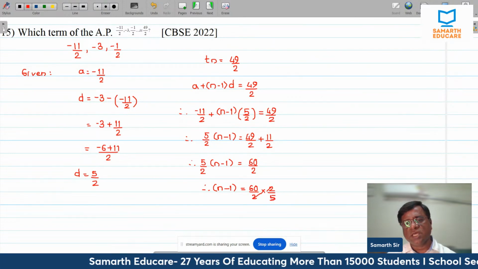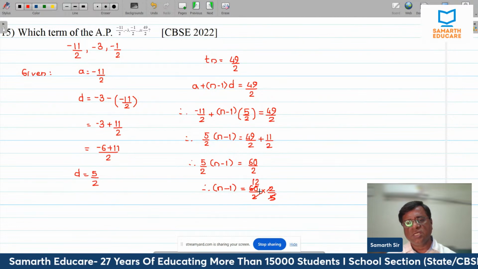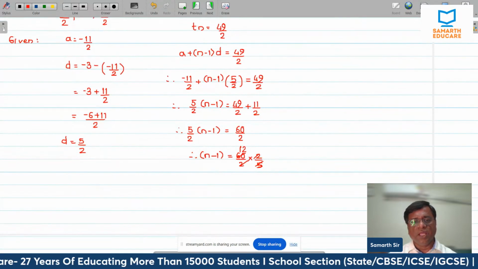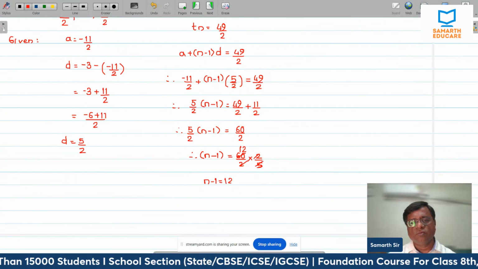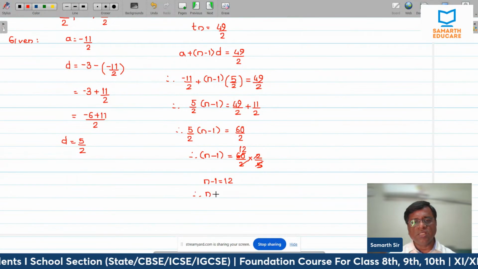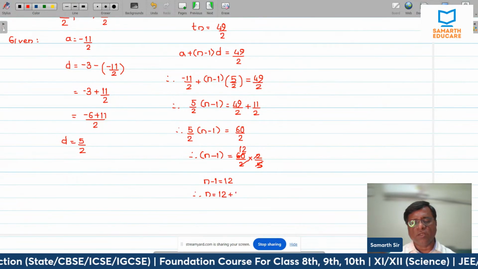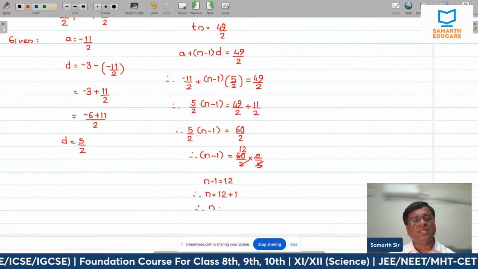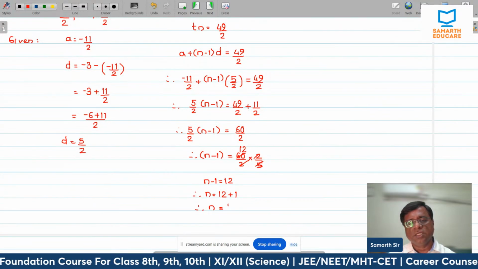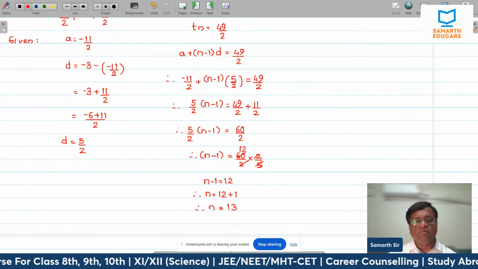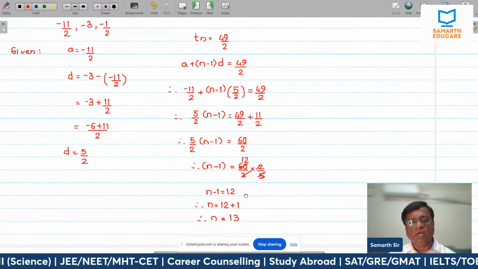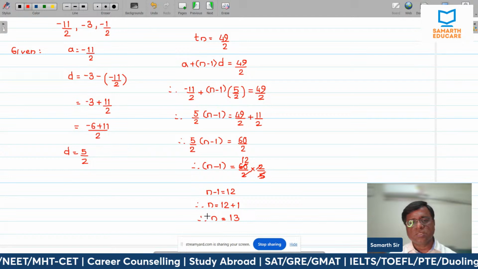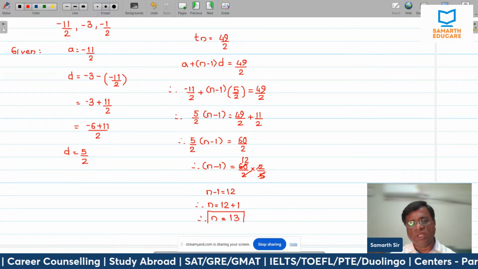So 2 and 2 get cancelled, 5 twelves are 60. Hence n minus 1 is 12. Therefore n is equal to 12 plus 1, and hence my final answer is n is equal to 13. I will write according to the question. He is asking for n. So n is 13, and that is my final answer.